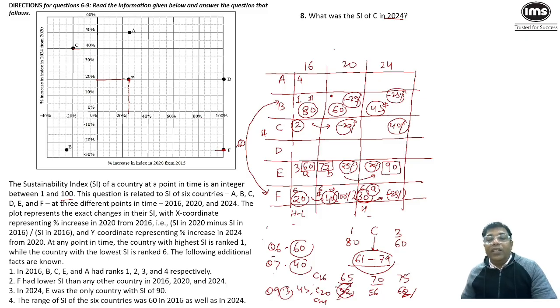Similarly, if I increase 56 by 40%, this will again be a decimal value. But if I increase 60 by 40%, it will be an integer value. So that is the only case that we are left with. So you can say in this particular year, your SI of country C has to be 75. Here it will become 60 and here it will become 84. And now the question asks you, what is the SI of C in 2024? Then my answer has to be 84.